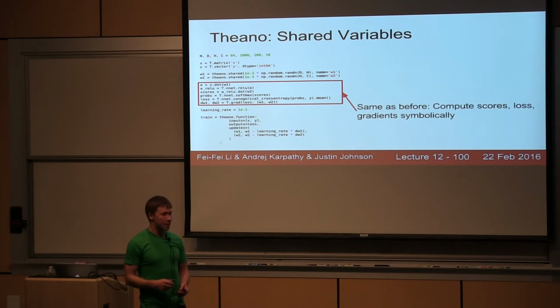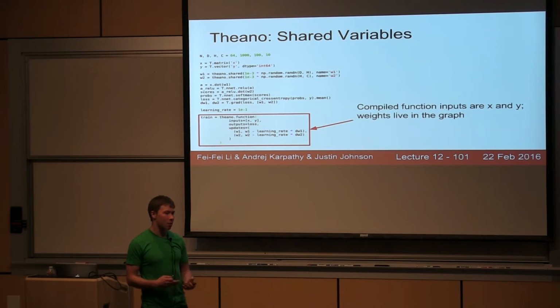And now this is the exact same code as before. We're computing the forward pass using these library functions all symbolically. Then we're computing the gradients. But now the difference is in how we define our function. So now this compiled function does not receive the weights as inputs, because those actually live inside the computational graph. Instead, we just receive the data and the labels.